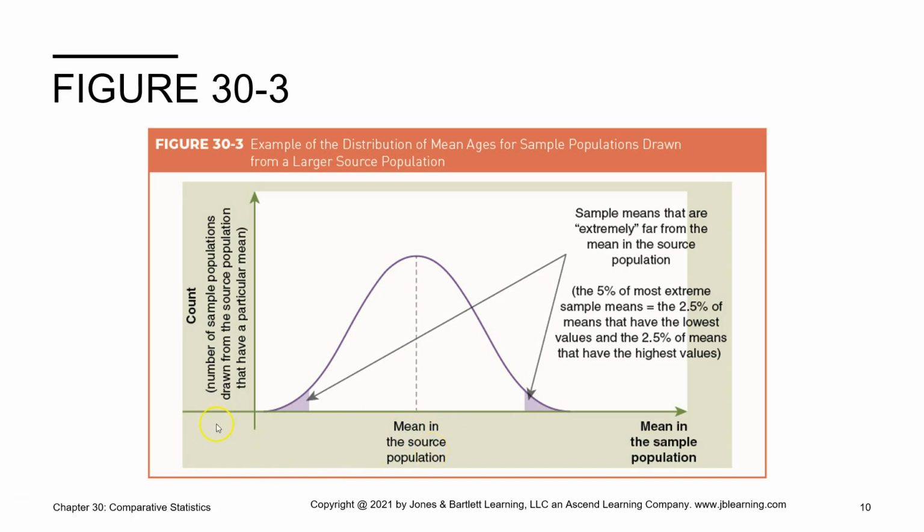Then the y-axis represents the count, so the number of sample populations drawn from the source population that have a particular mean. And then this shows our extremes, so the sample means that are extremely far from the mean in the source population, which represents 5% of the most extreme sample means. So 2.5% has the lowest means, and 2.5% has the highest values there.